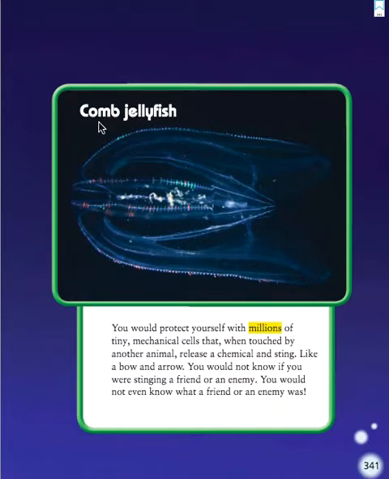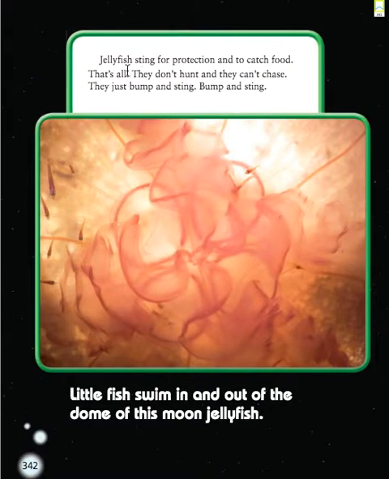This is a comb jellyfish. Jellyfish sting for protection and to catch food. That's all. They don't hunt and they can't chase. They just bump and sting, bump and sting.